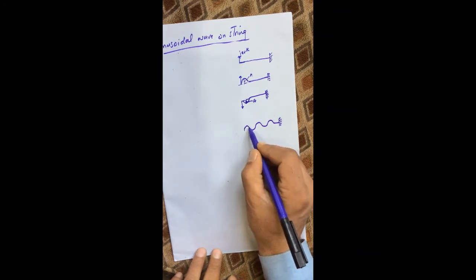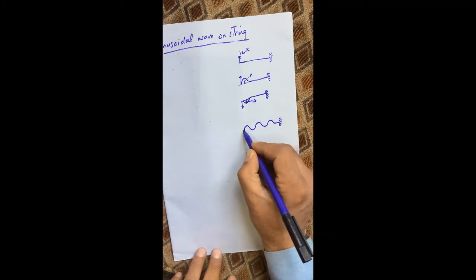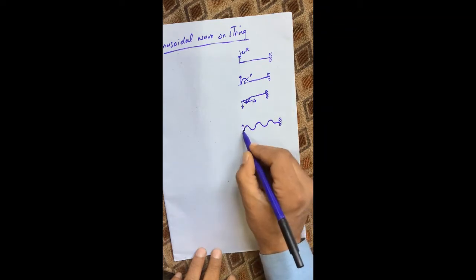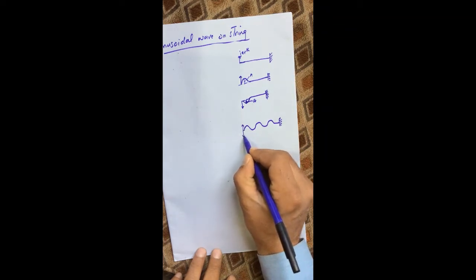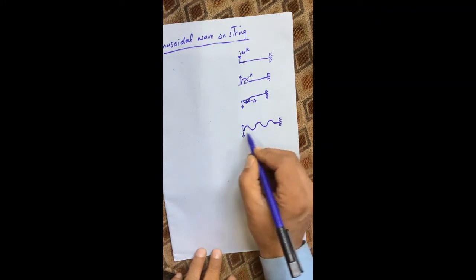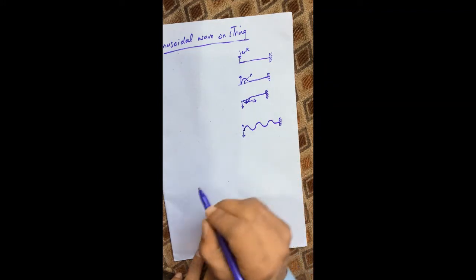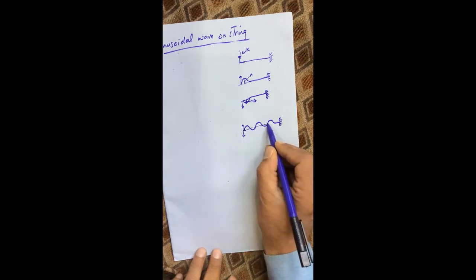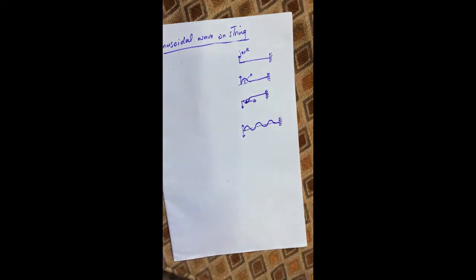The pulse with maximum positive displacement can be created by jerking the string in the upward direction, and similarly a pulse with maximum negative displacement of the medium particle can be created by jerking the string in the downward direction. The original position of the string was this one.